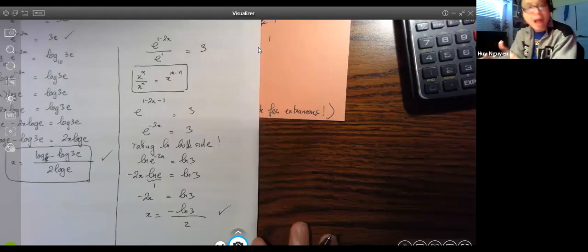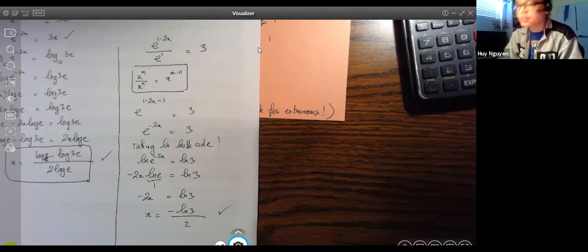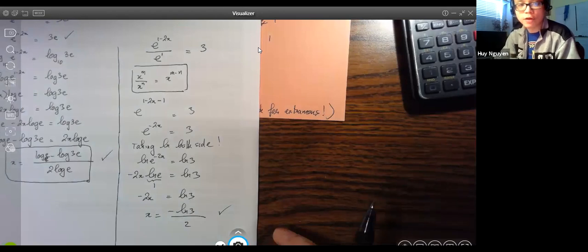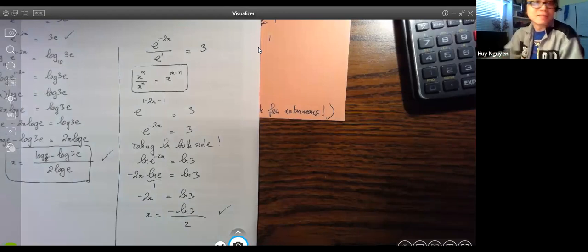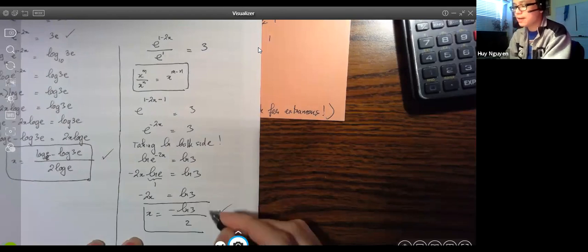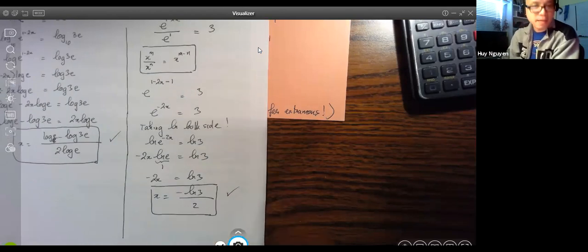But if you have a writing test and you show me this, I still give you full credit because your logic is so good. Okay. And you see clearly that two different answers, even though it's the same, look different. It just looks different, but the answer is still the same.